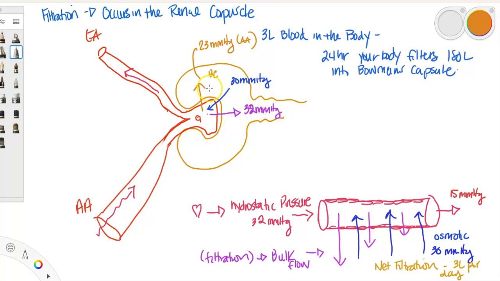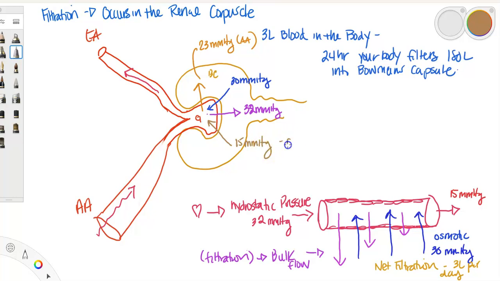So there's also fluid in Bowman's capsule, and that's causing a pressure on the walls of Bowman's capsule. So it's also providing a pressure and movement into the glomerulus. So that is going back in that way. And that's about 15 millimeters of mercury.